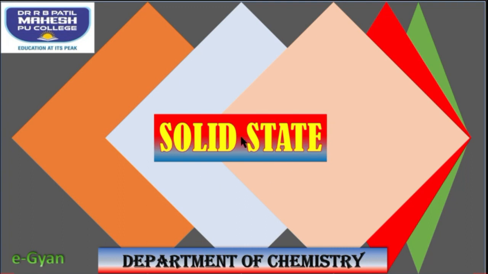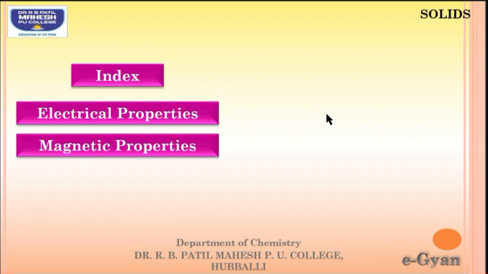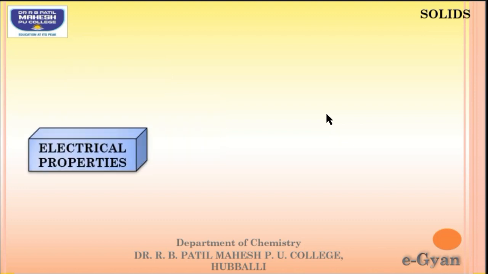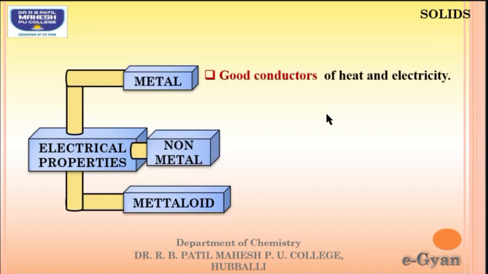Welcome students. In today's class, we are going to study the electrical properties and magnetic properties of solids. Based on the electrical properties, whether they can conduct electricity or not, whether they can conduct heat or not, the substances are divided into three types: metals, non-metals and metalloids.